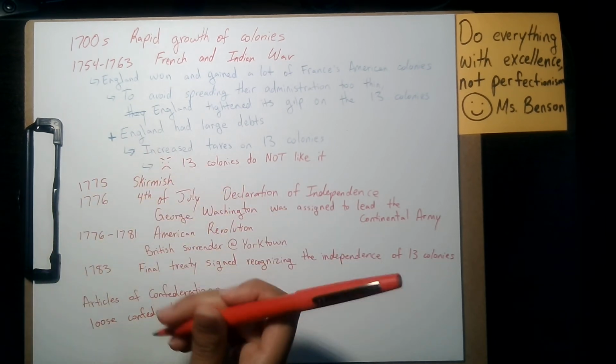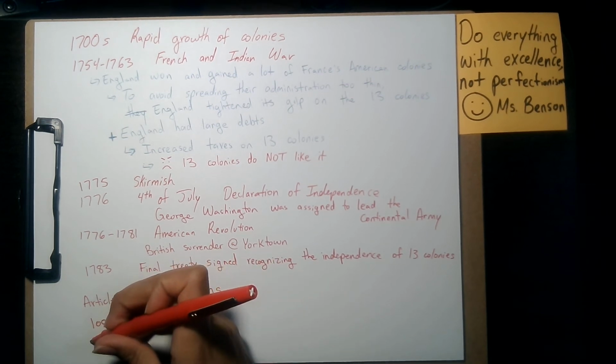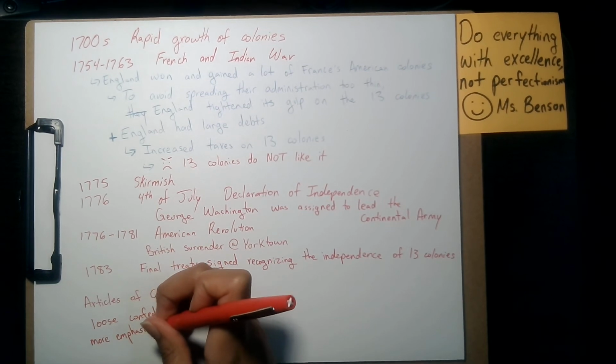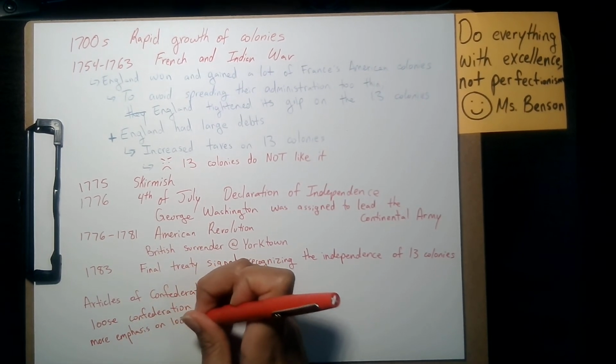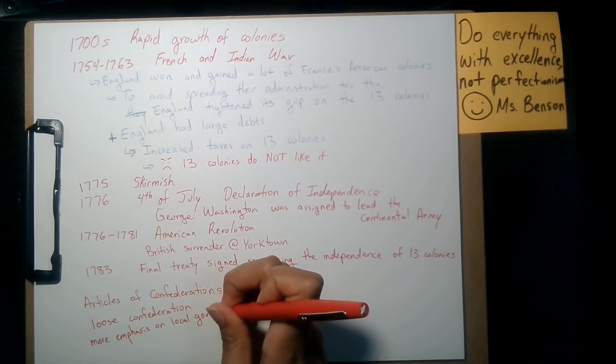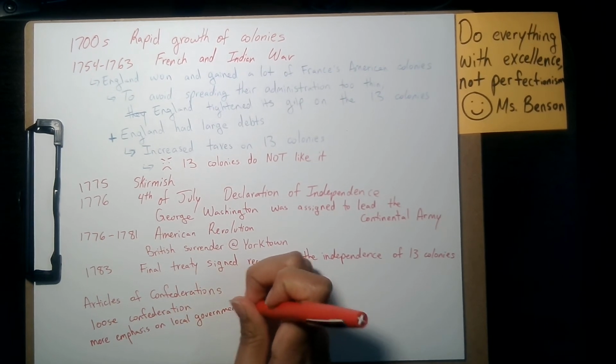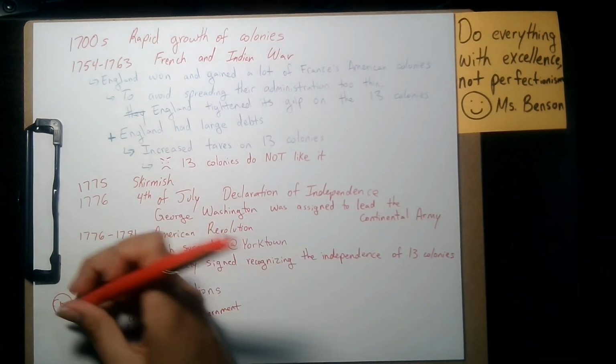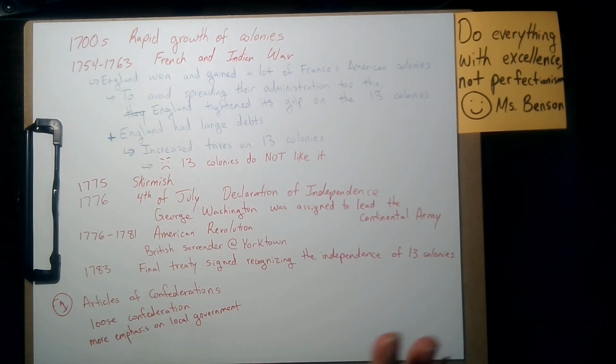The different colonies had more emphasis on local government. At first, they weren't really keen on the idea of having a really strong nation. The people were really distrustful of a central form of government, especially having been under the rule of a monarchy.